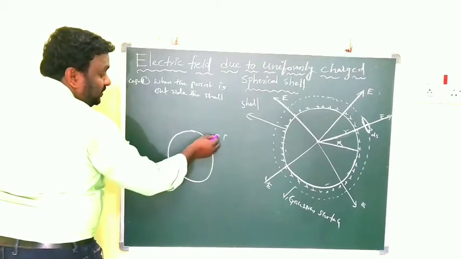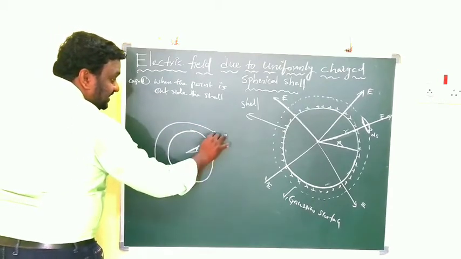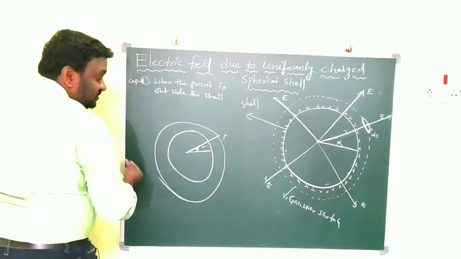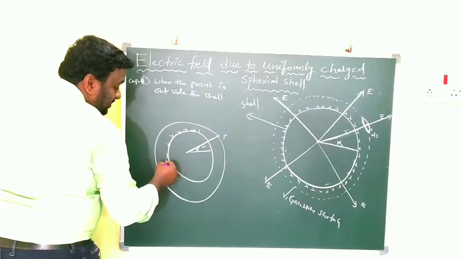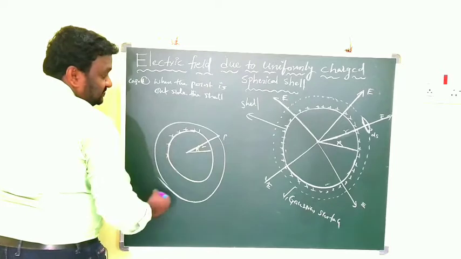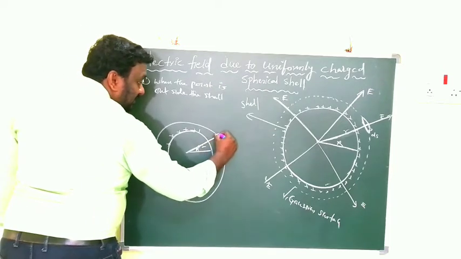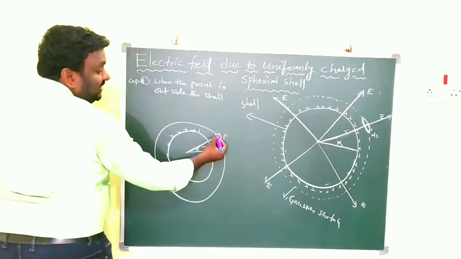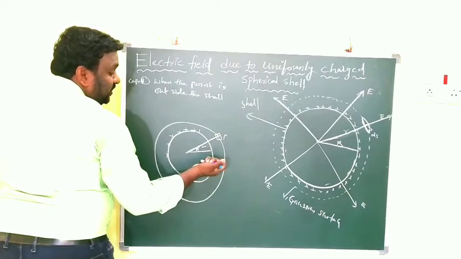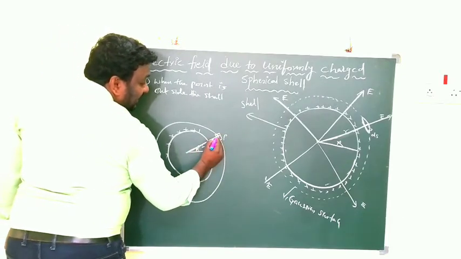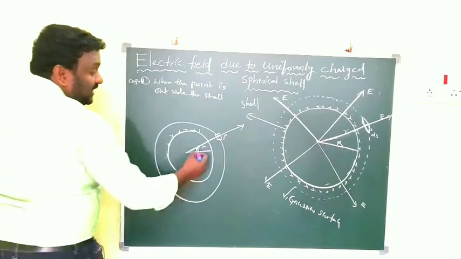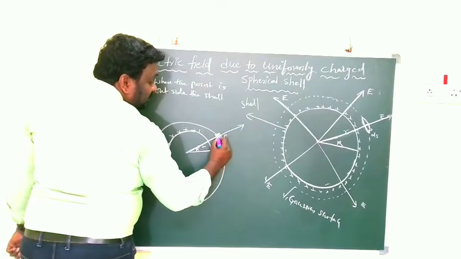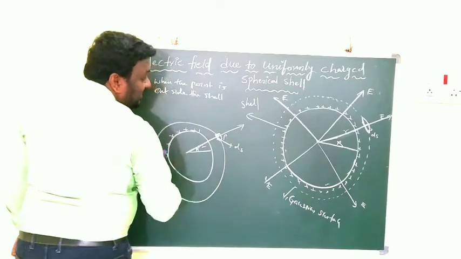Here we are constructing the Gaussian surface. The first one is the charged sphere, and the next one is the Gaussian surface. At this point we take an element ds. The electric field is radially outward, and ds also, a small elemental area ds.